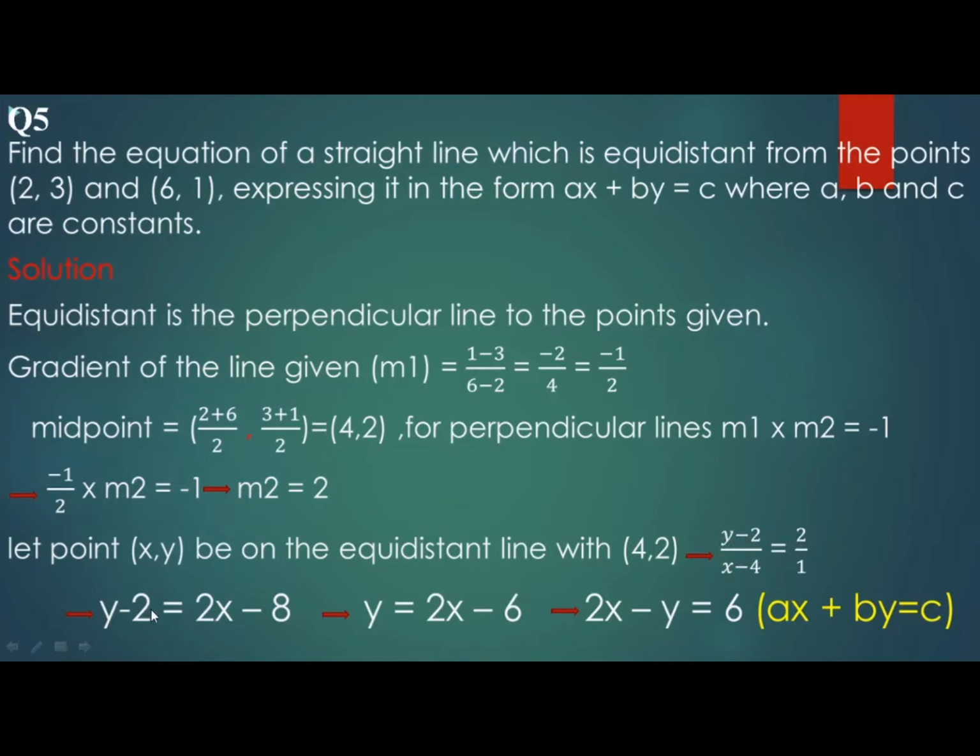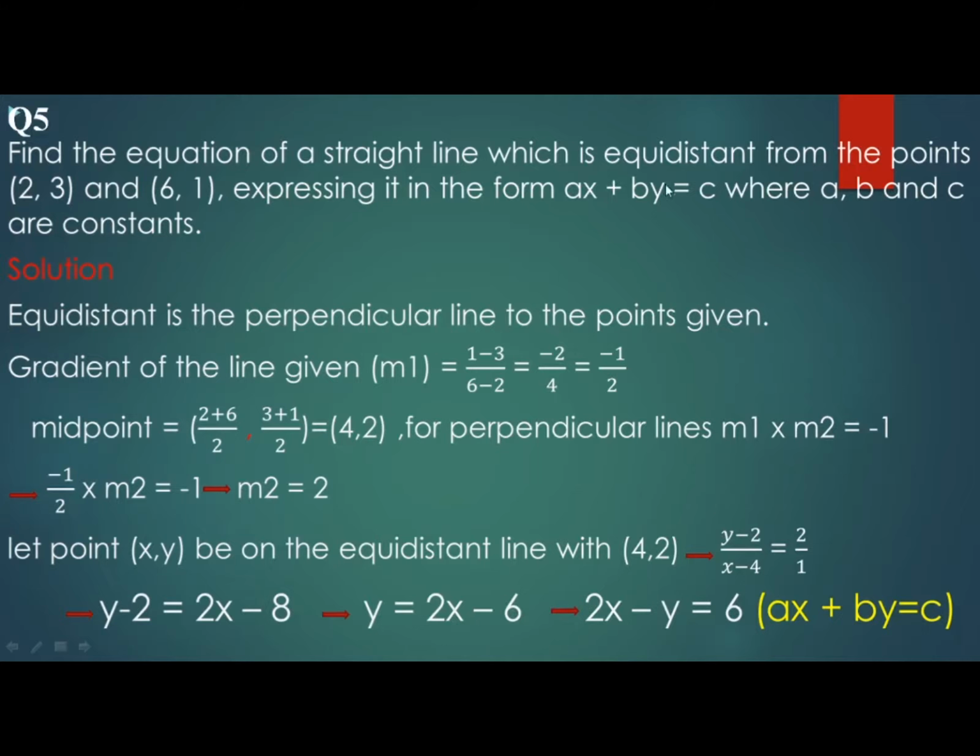So y minus 2 equals 2x minus 8. Therefore, y equals 2x minus 6 when you collect like terms together, because negative 2 becomes positive. Negative 8 plus 2 is negative 6. So y equals 2x minus 6.